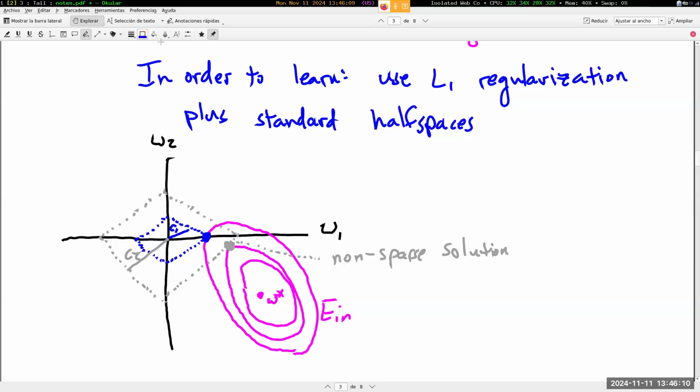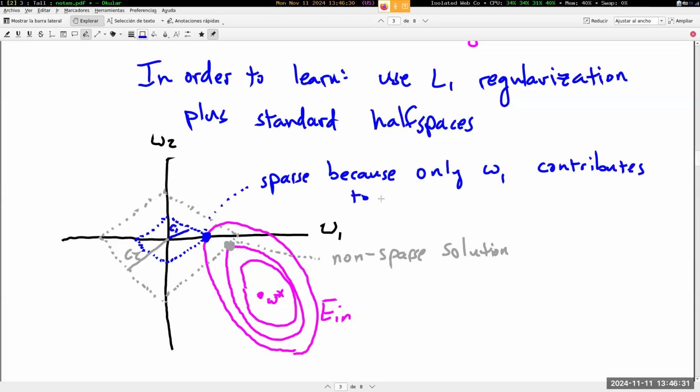So this blue solution is sparse. It's sparse because only W1 contributes to the W vector, or to our hypothesis. W2 is in particular equal to 0. Any non-zero value would either take us outside of this constraint right here, or it would make the in-sample error worse.